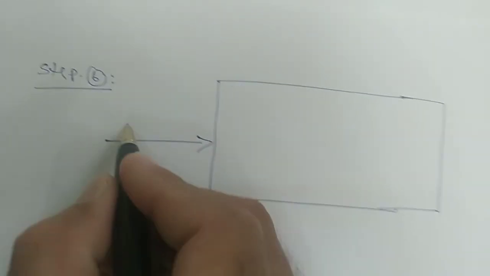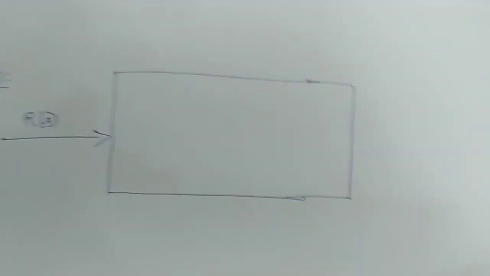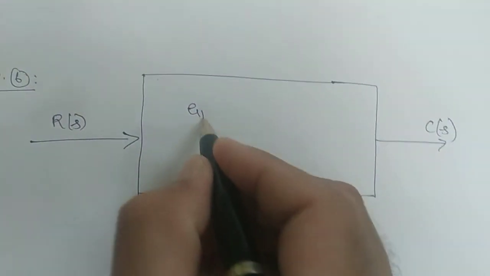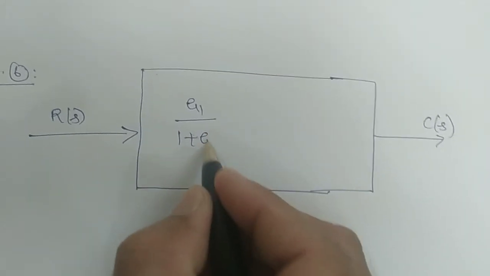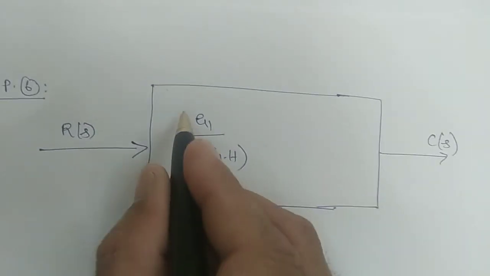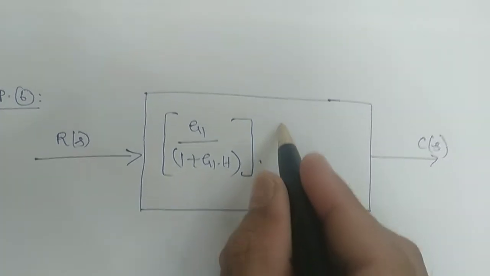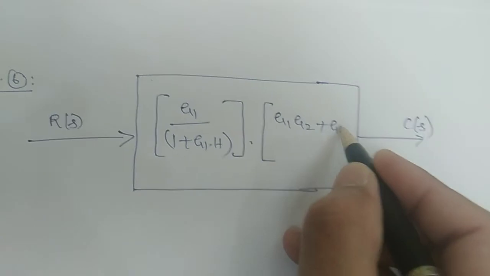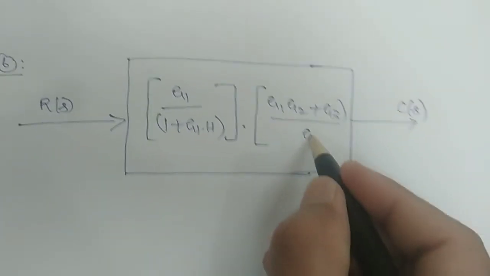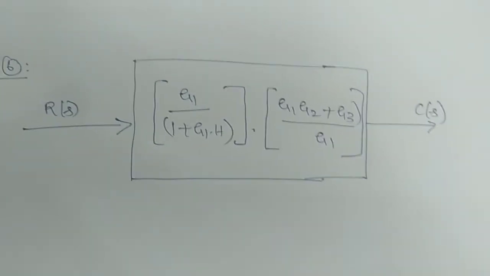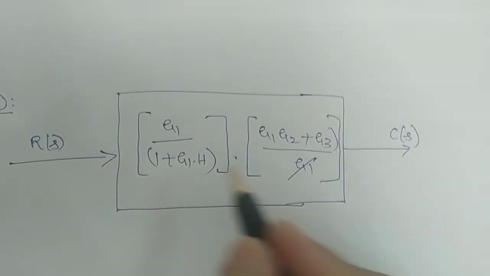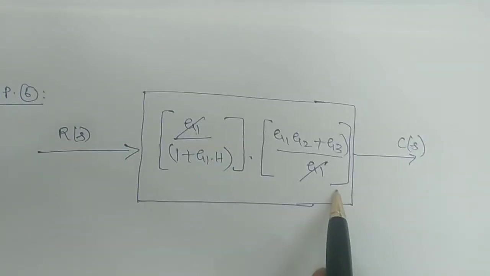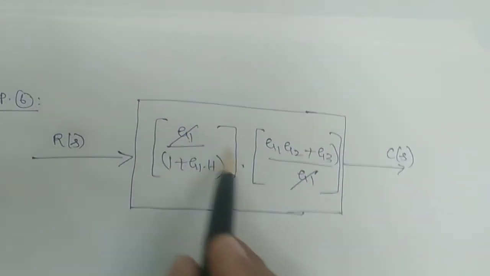This is your R of s, this is your C of s, multiply, that is G1 by 1 plus G1 into H, keep in a box like this. And similarly the second one, it is G1 G2 plus G3 by G1, multiplication. So this G1 will be cancelled out, because this G1 is in the numerator and this is in the denominator, both are products, therefore both will be cancelled out.